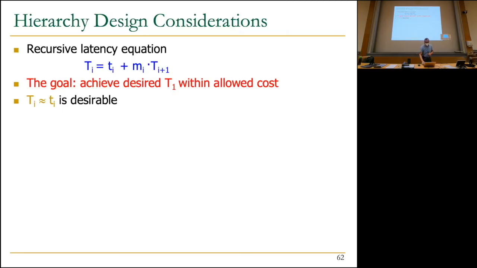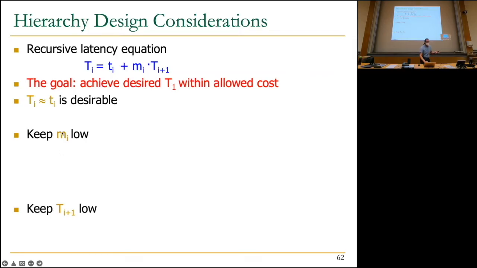Hopefully. But of course, it's not always perfect. So if you want to achieve this, you ideally want to make the miss rate as low as possible, or keep the miss latency, or the perceived access time of the next level, as low as possible. You can also call this the miss latency of this level, right?